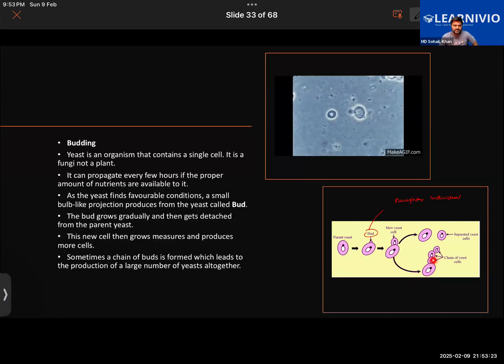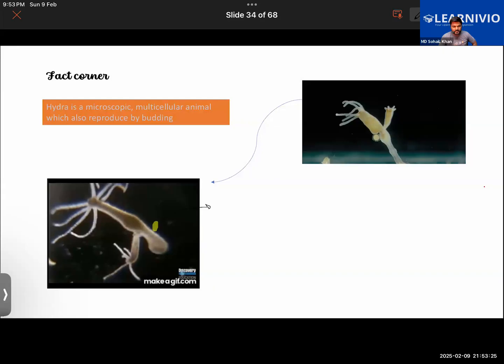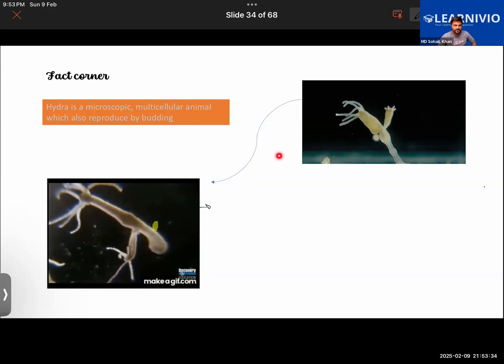Getting it? So this is the method of budding. Budding is observed in that fungus, and it is also observed in some aquatic animals, like the hydra. A small bud grows, and later on this bud is going to detach from the parent and grow independently.